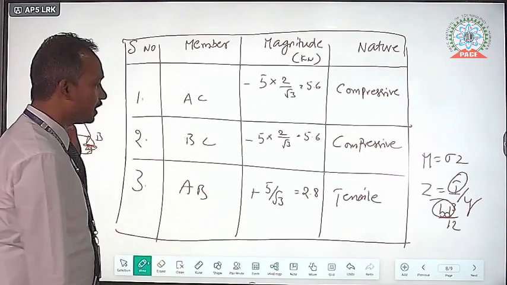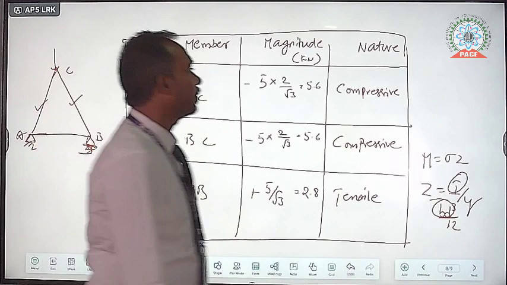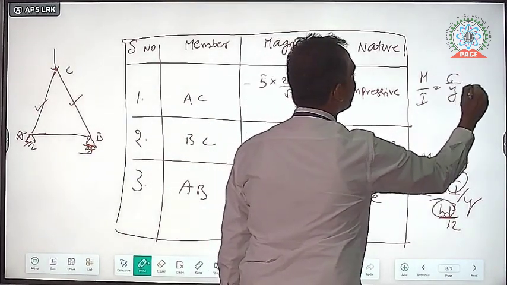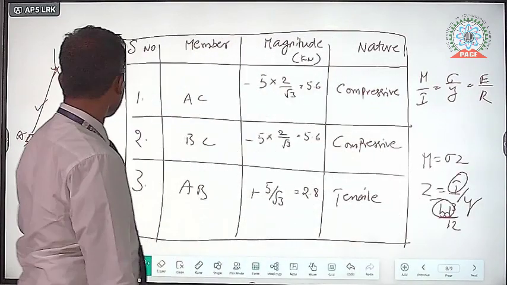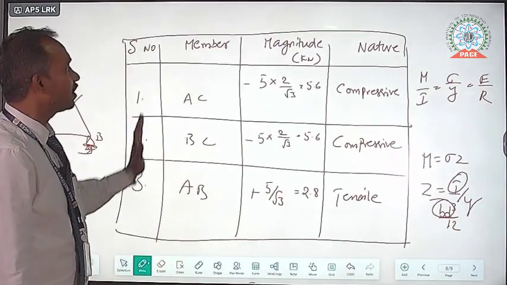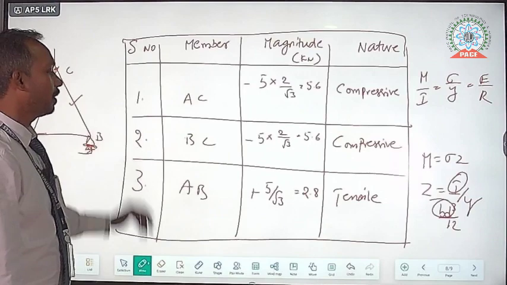So in the designing, by using the moment equation, M by I is equal to sigma by y is equal to E by R, through that we can design. So for this case, we should analyze what is the magnitude of the forces in the members. That's the process to analyze the member.